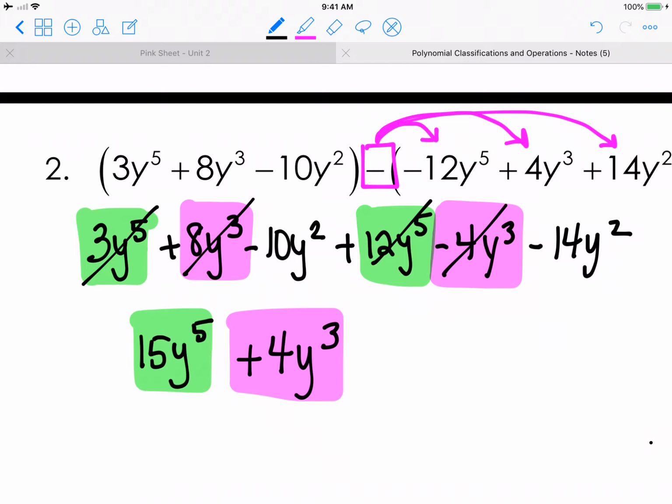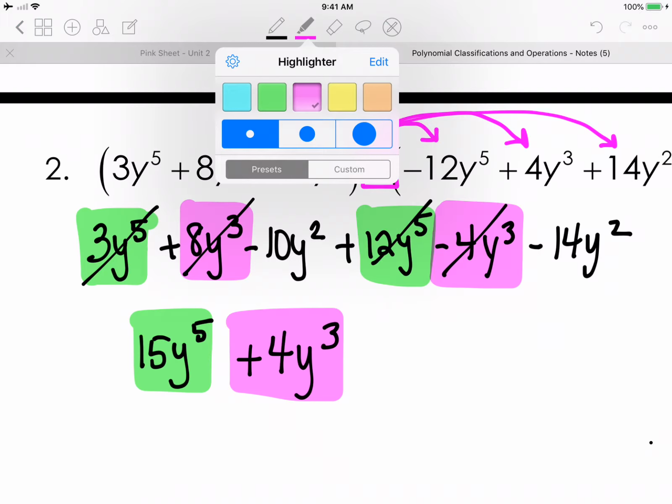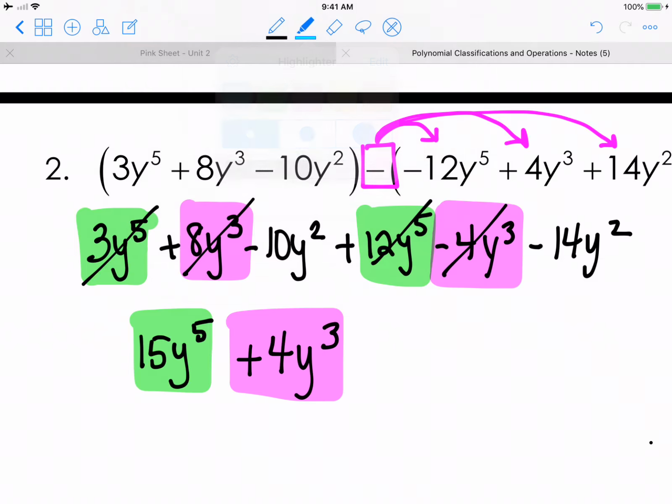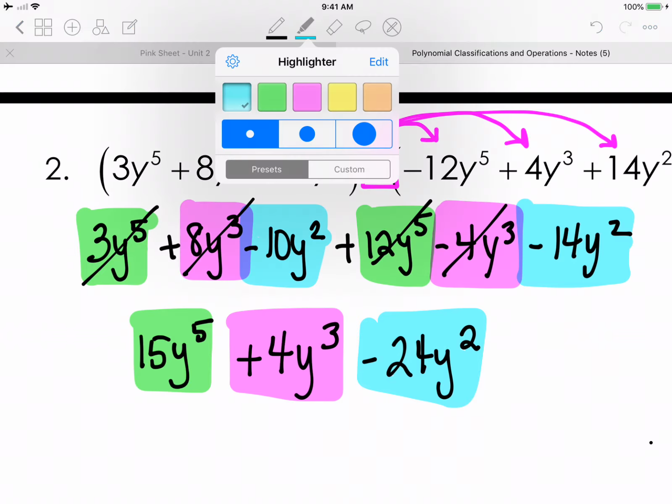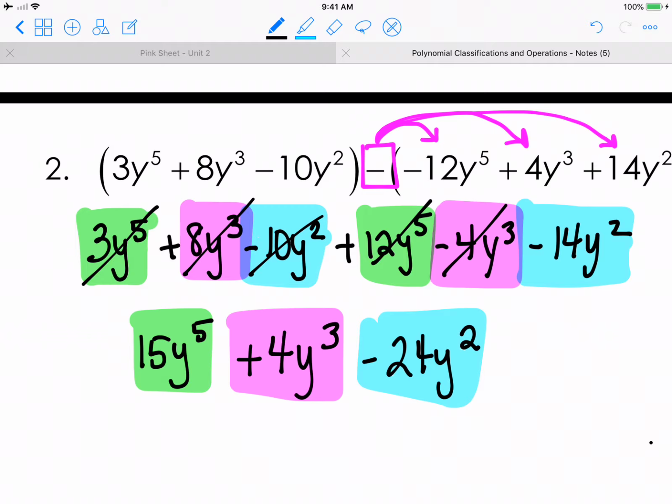Okay, so now we go down to the squared, degree of 2. So I see a negative 10y squared minus a 14y squared, and that's going to give us a negative 24y squared. And we cross them out and move on. Okay, but there's nothing to move on to, so we're done.